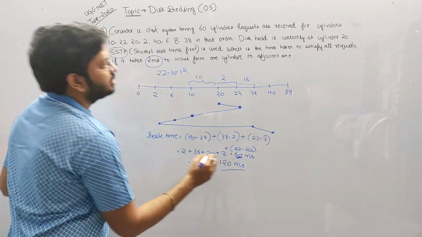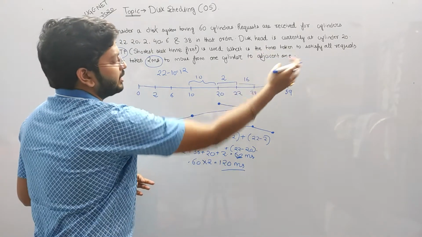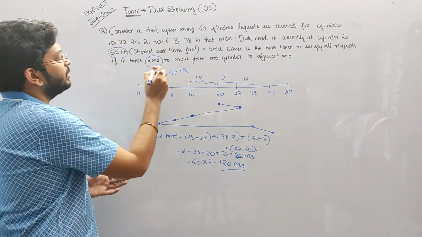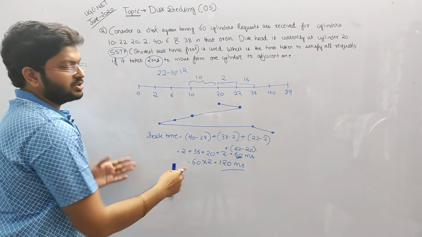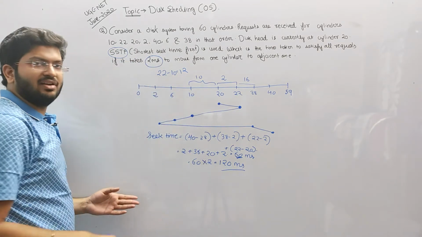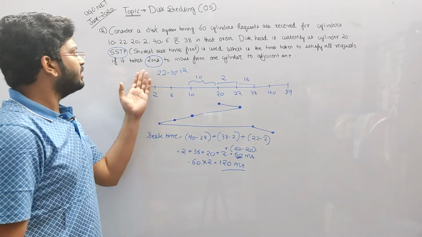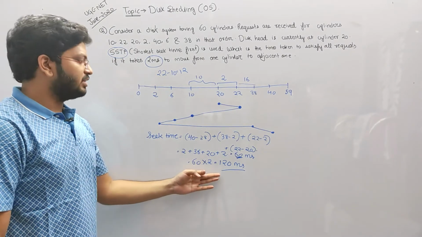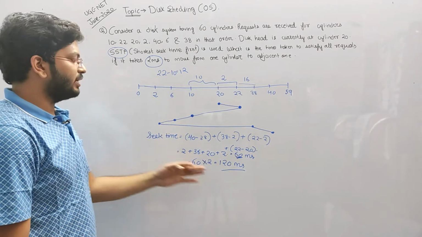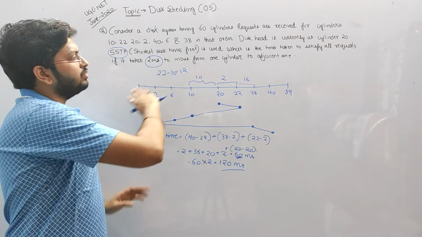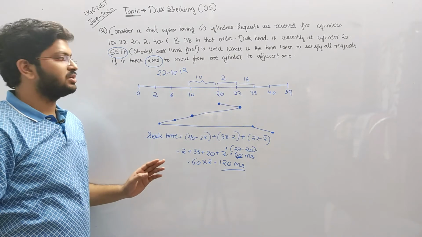This is the answer, the total time taken to satisfy all the requests. In the simple case, if 1 is given, the answer will simply be 60, or sometimes the time is not mentioned, in which case we generally take it as 1 millisecond. But here, since it is given as 2 milliseconds, I multiplied by 2 and got 120 milliseconds, the total seek time taken to service all the requests.